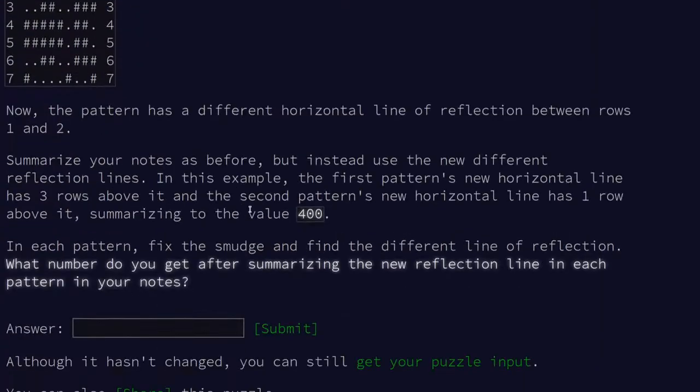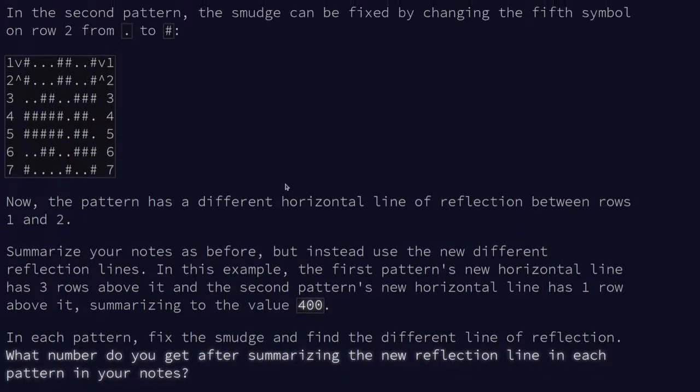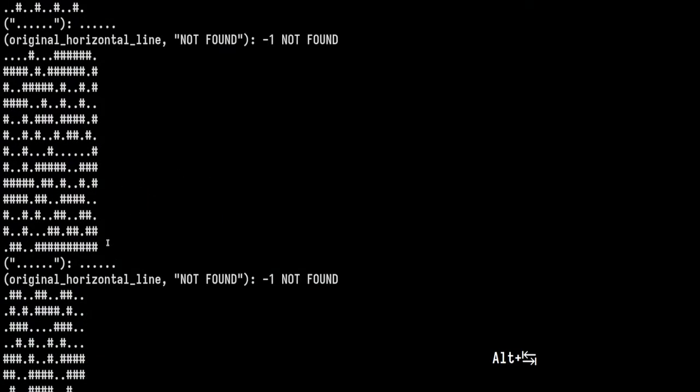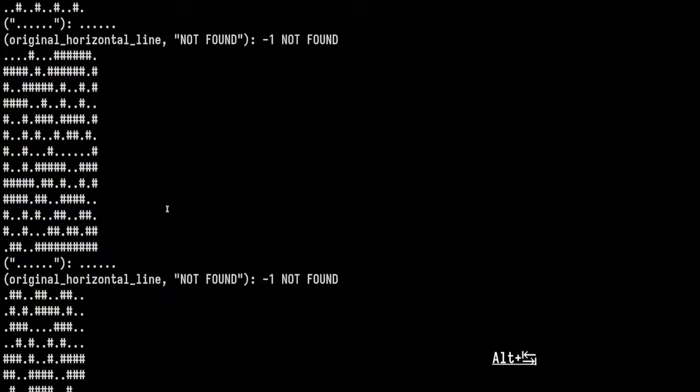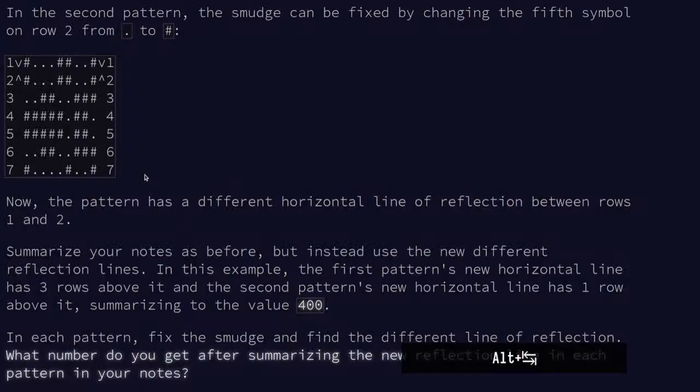They are saying that each pattern, each grid has exactly one smudge, but I'm finding these test cases for which it is not there. I mean, now the question is, am I not considering the verticals?